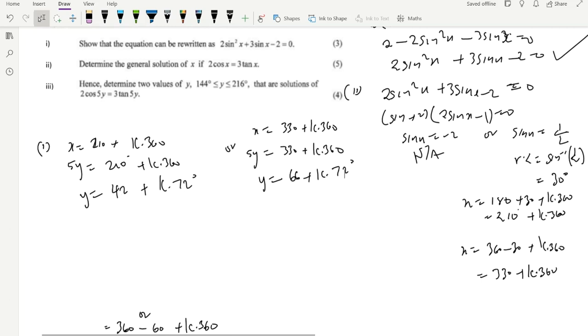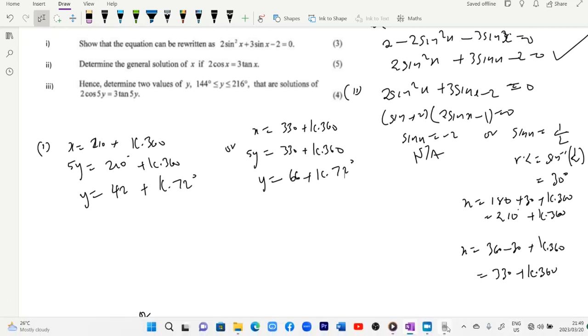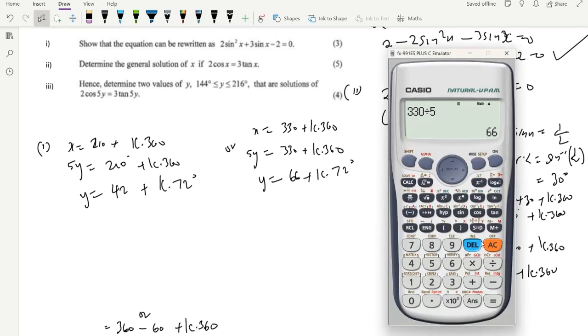Right, let me start with this one. My y is 42 plus, remember my k, it's all the integers. I cannot put the negative integer because all of my answers must be positive.